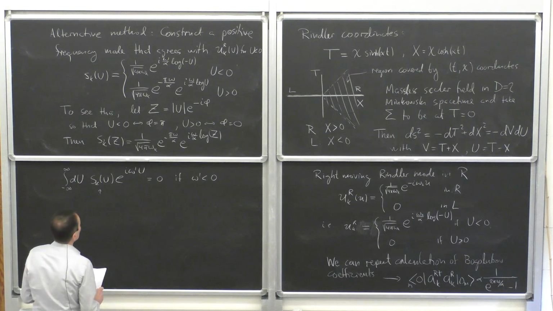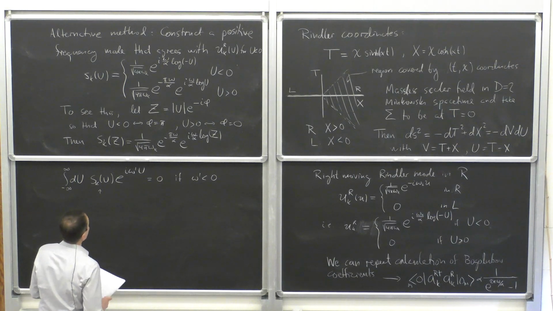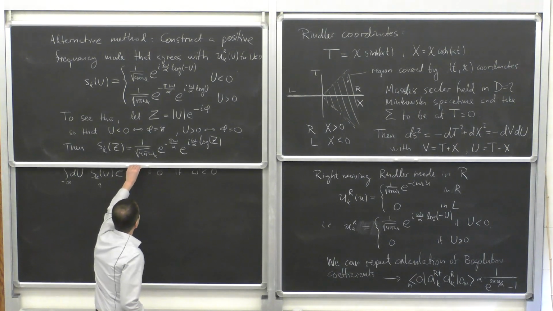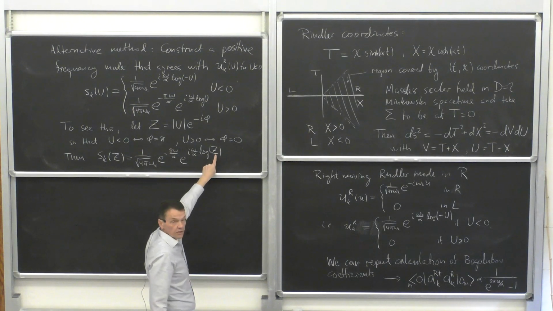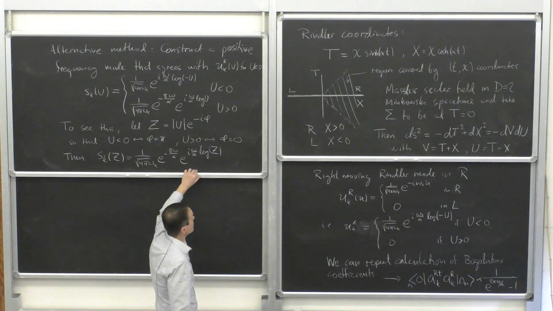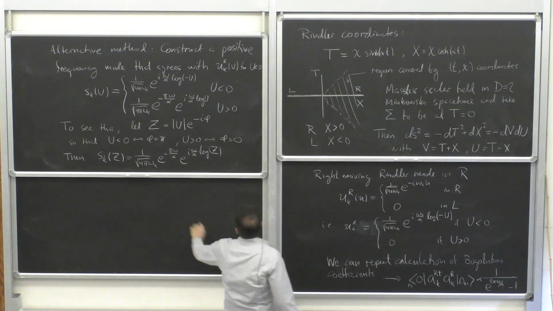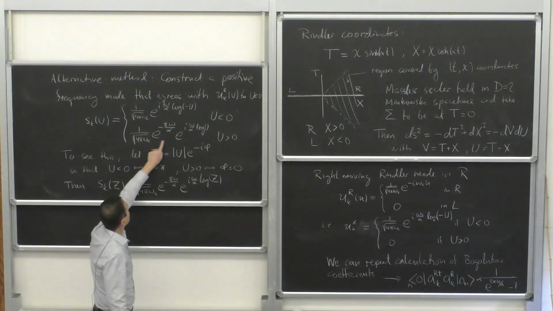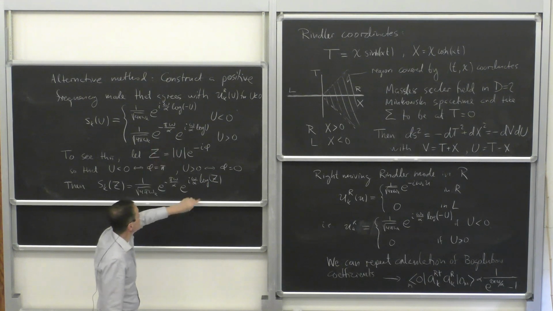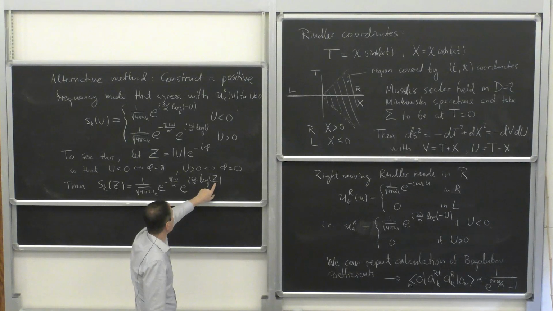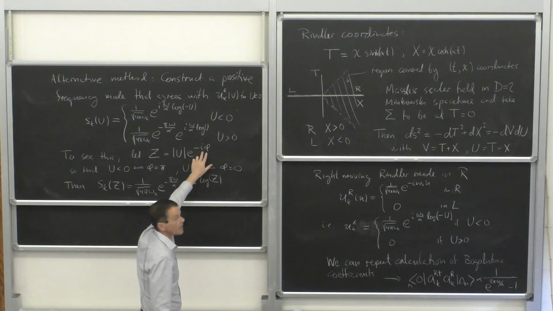And we can now go back and ask, what do we actually get? Well, you let z be on the positive u axis. Then you simply get this part, which is on the right wedge. You let u be on the negative axis, you're going to pick up a minus I phi from the angle here.